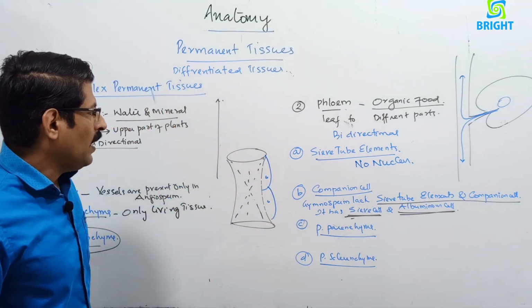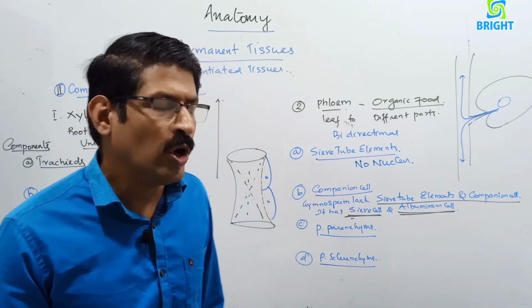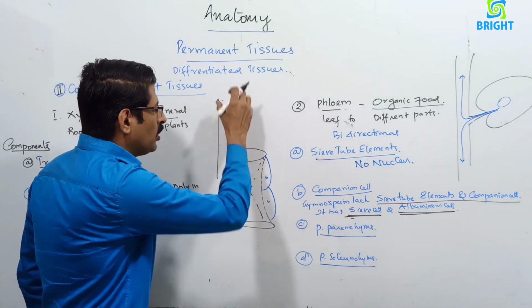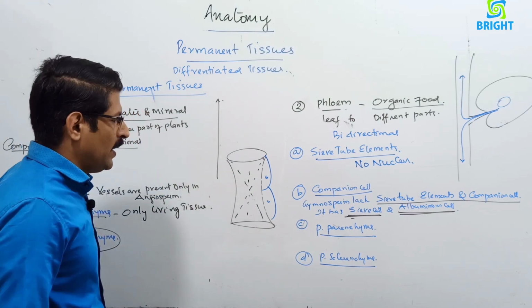The functions of the sieve tube elements are controlled by the nucleus of the companion cell, and the transport of food material takes place through the phloem elements.